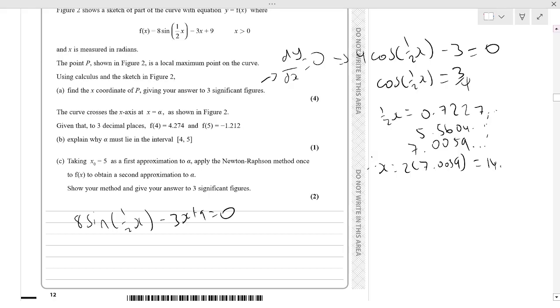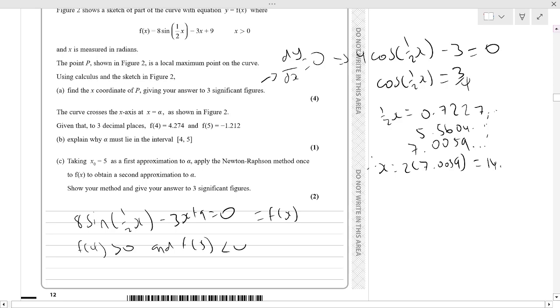If you call that f of x, like we just did, then it tells you here, f of 4 is greater than 0 and f of 5 is less than 0. So a root must be in the interval 4, 5.